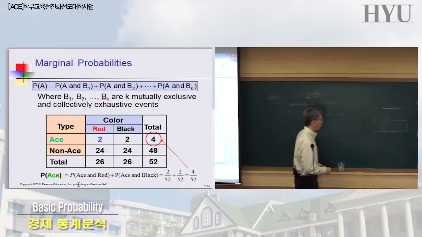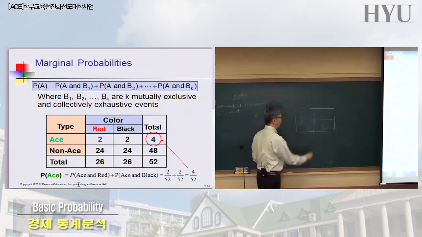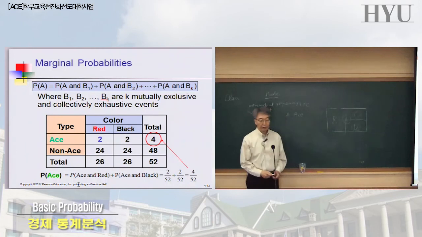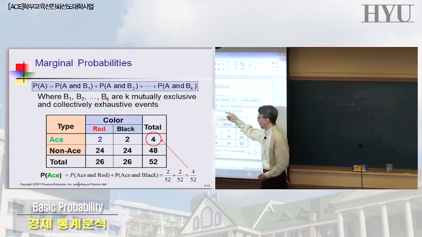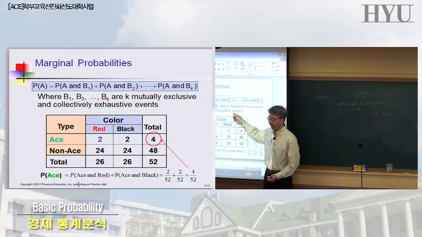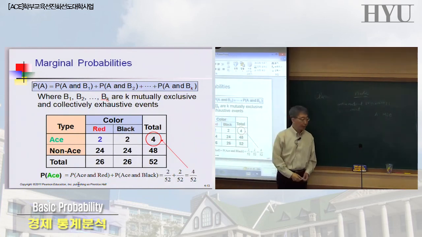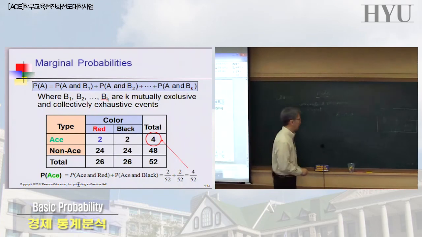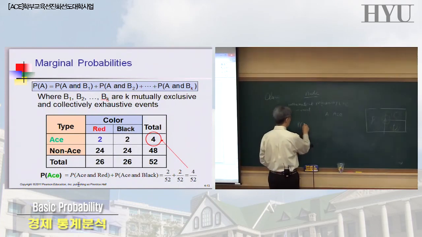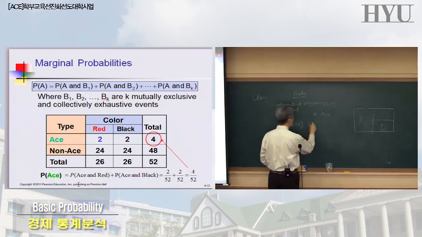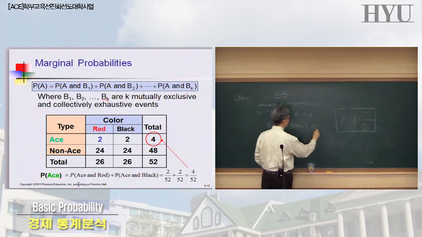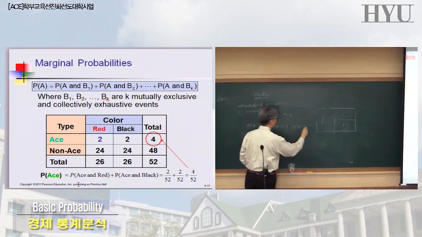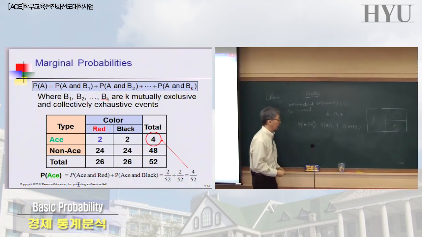And then we have B, C, D. These three events are mutually exclusive and collectively exhaustive. Then if you think about the joint probabilities, the probability between A and B, A and C, and A and D, there are three joint events.